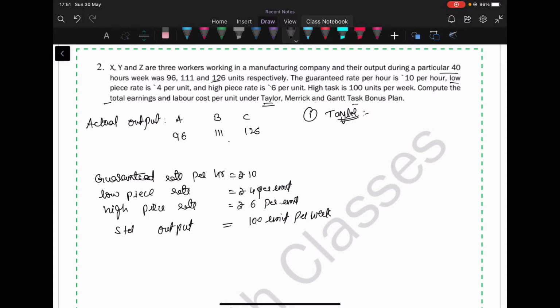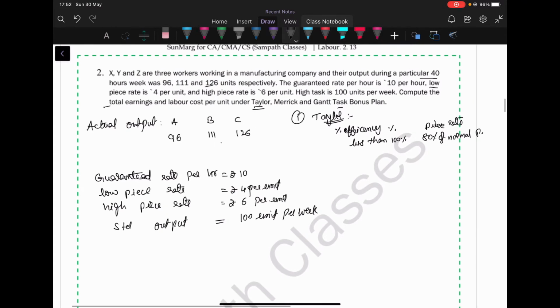For this, the formula is: if the efficiency percentage is less than 100%, then you will get paid 80% of normal piece rate.